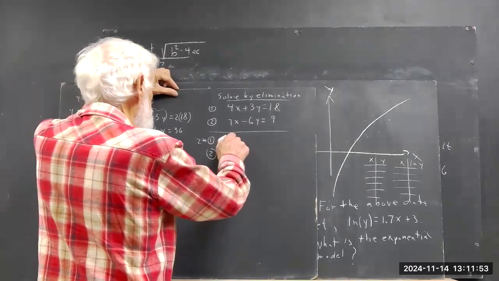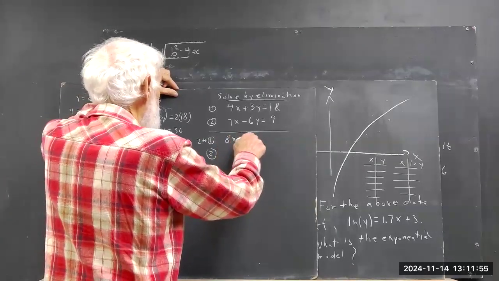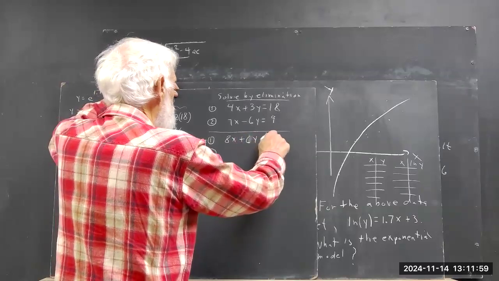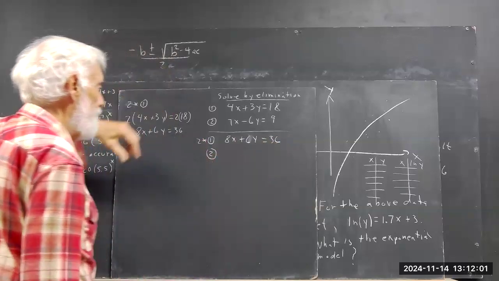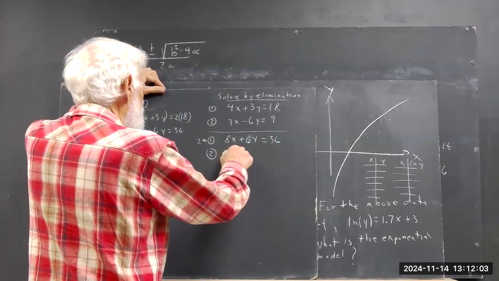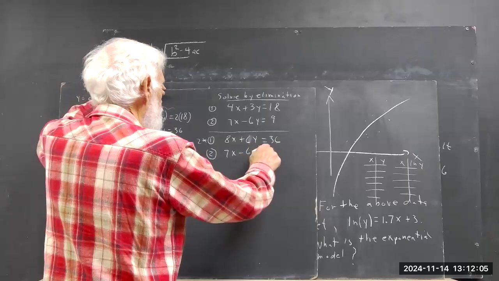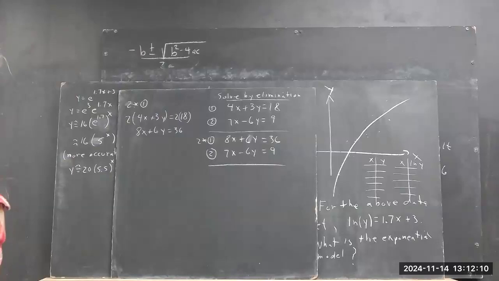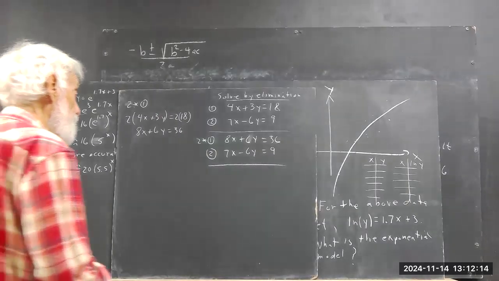So do side calculations to the side. But when you do 2 times equation 1, you get 8x plus 6y equals 36. And down here, you get 7x minus 6y equals 9. Now we add these 2 equations.